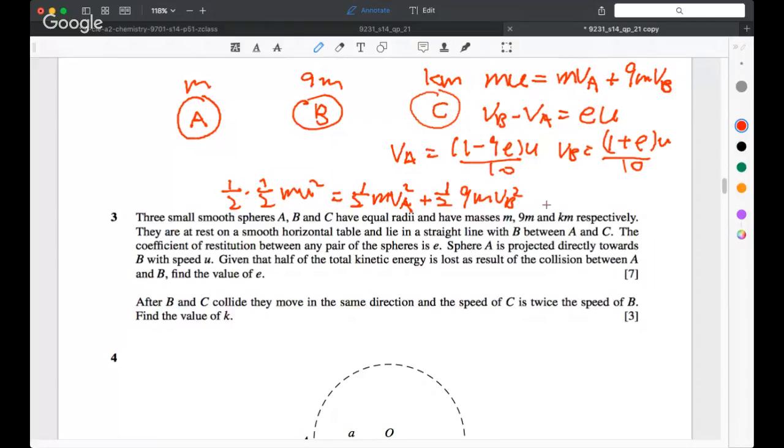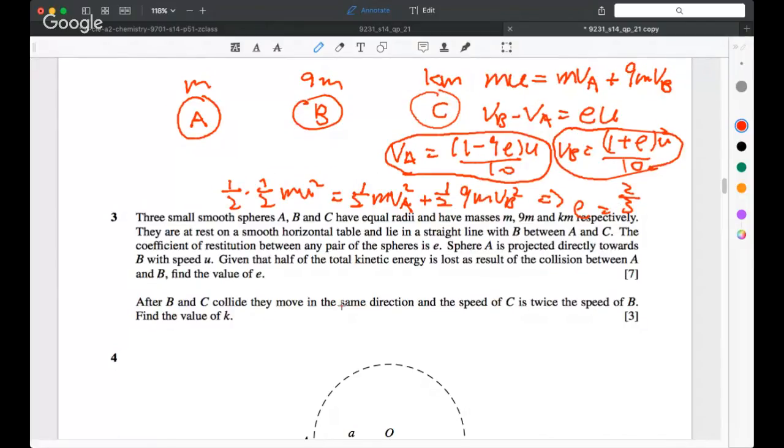And substituting in Va and Vb from these two expressions, we'll find an equation that's solely in E. And after solving that, we find E is equal to 2/3.